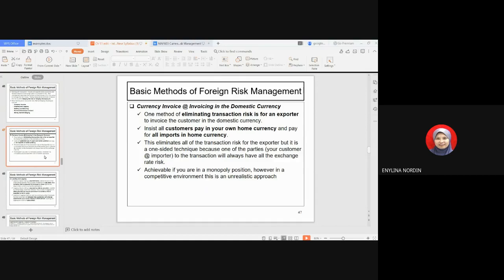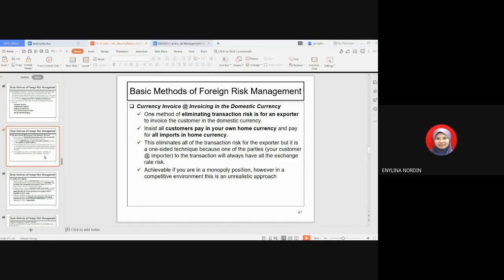And vice versa. If your company imports goods from a foreign supplier and pays for the import in your home currency, then the foreign seller will convert it into their currency, and automatically the foreign supplier will bear the transaction risk.